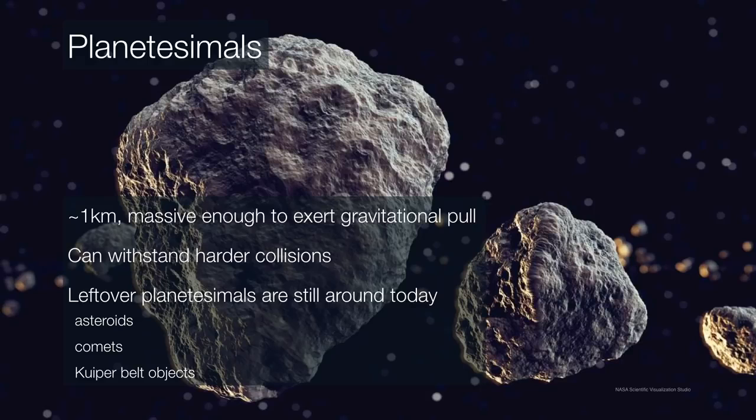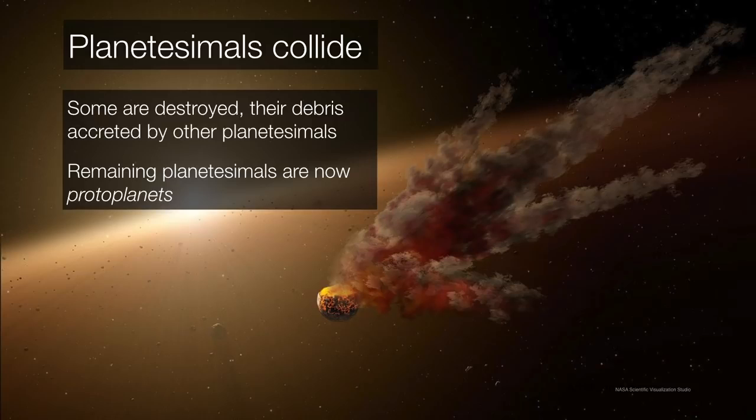They are modern-day asteroids and comets and Kuiper Belt objects. And these planetesimals collide in a kind of proto-solar system demolition derby. Most of these are destroyed and are later accreted onto other planetesimals.